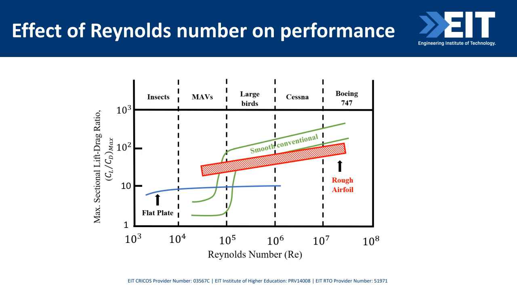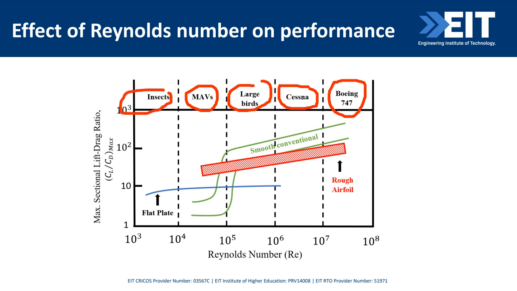If you look into this figure, the Boeing 747 is the plane where we travel, everyone, either Boeing or Airbus, and that is Cessna. The Cessna is what pilots normally practice with, and then large bird, and then micro aerial vehicle, then insect.